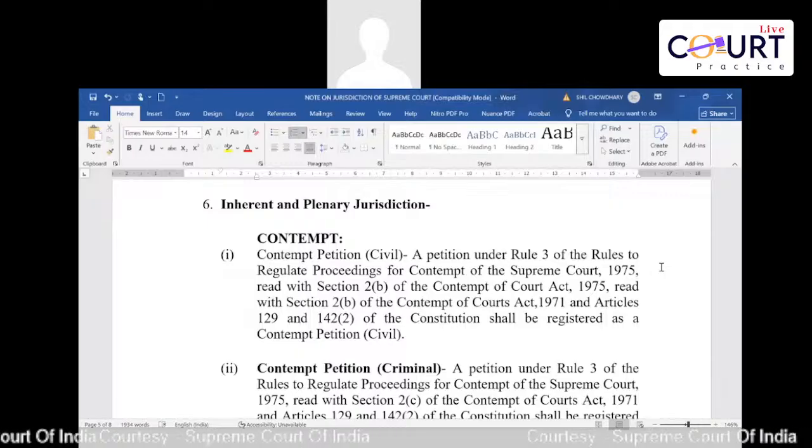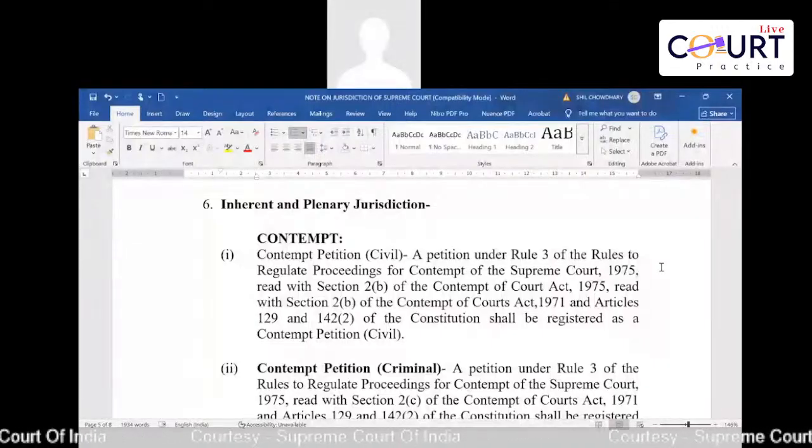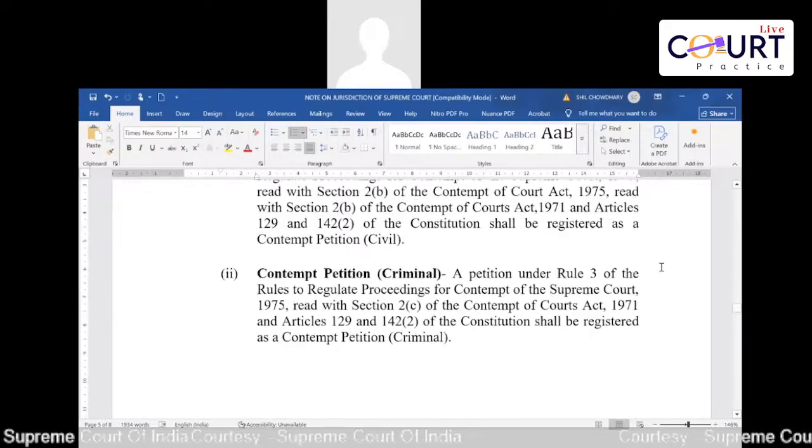In fact, in one case, even a commercial dispute, that is Delhi Metro, the Supreme Court set aside the award of an arbitral tribunal. I have my reservation whether the Supreme Court could have exercised its curative jurisdiction to do so. However, the Supreme Court in its wisdom exercised its curative jurisdiction. So these are the various jurisdictions which the Supreme Court invokes.